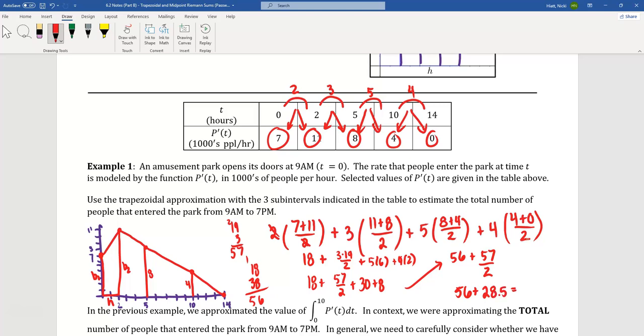And if I add that together, I've got 84.5. Just double check me on my mental math here. Does that sound okay? Yes.